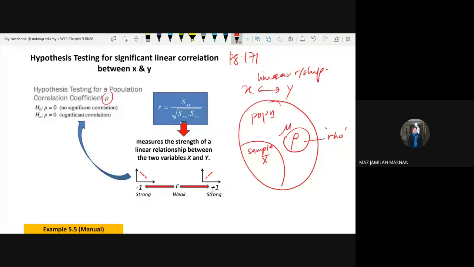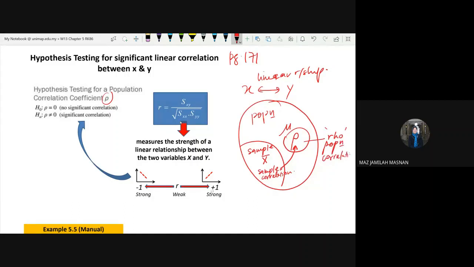Our sample correlation, I don't remember what is the notation. Can you see somewhere in your textbook what is the sample correlation? I can't remember. So we are going to make inference using the sample correlation for our population correlation.